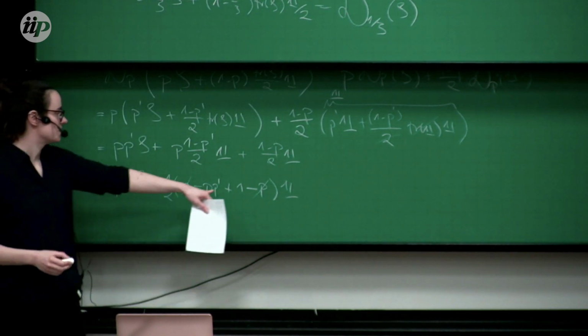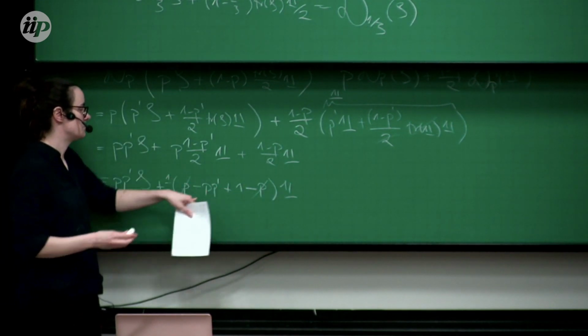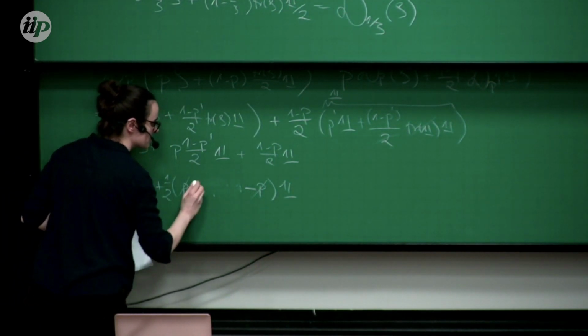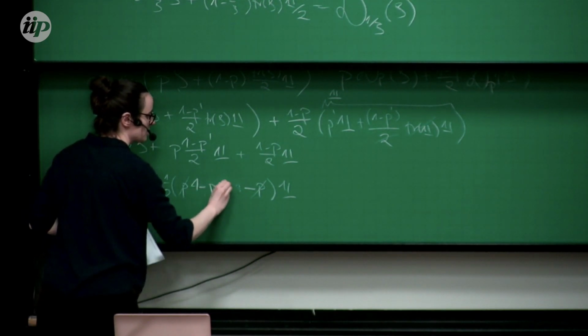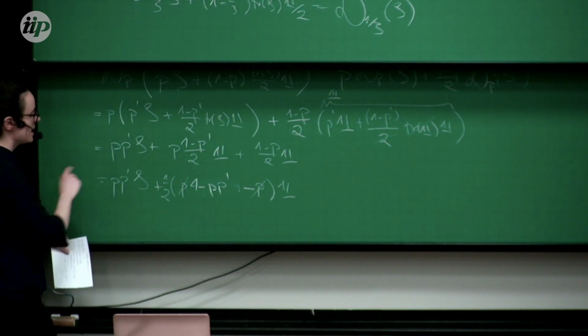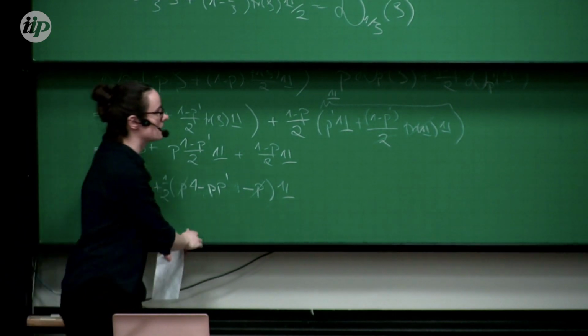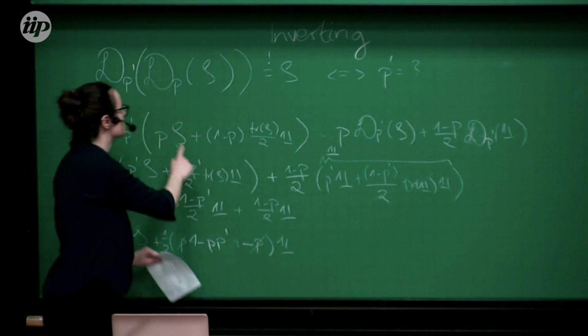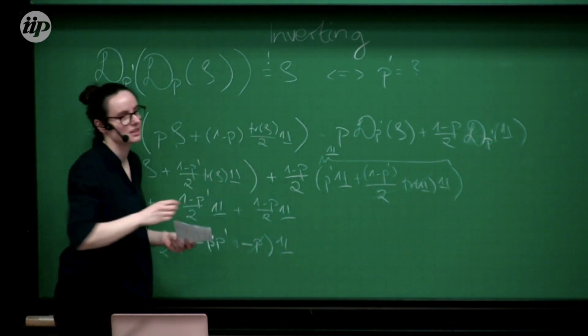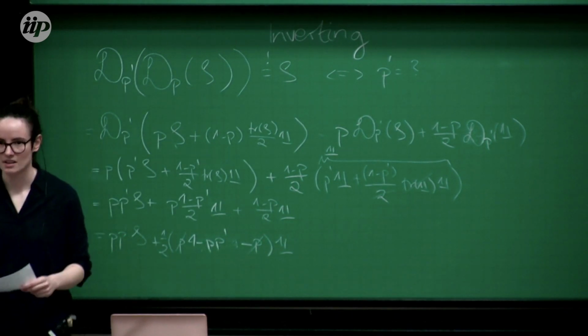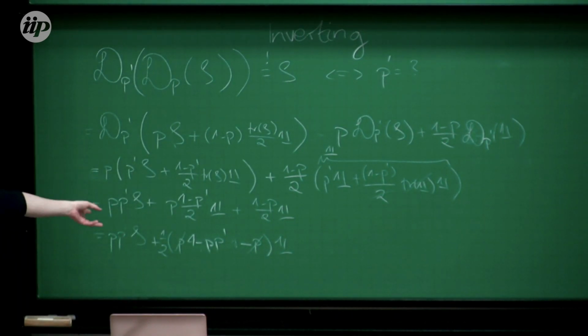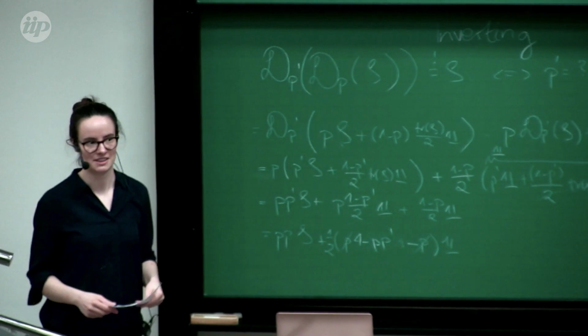And we are left with (1 minus p prime) over 2 identity. And I just showed you up there that I want to find the p prime such that rho comes out here. So can you read that off already? What p prime has to be?